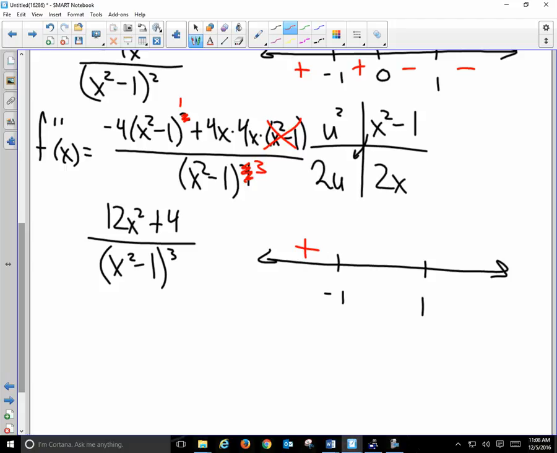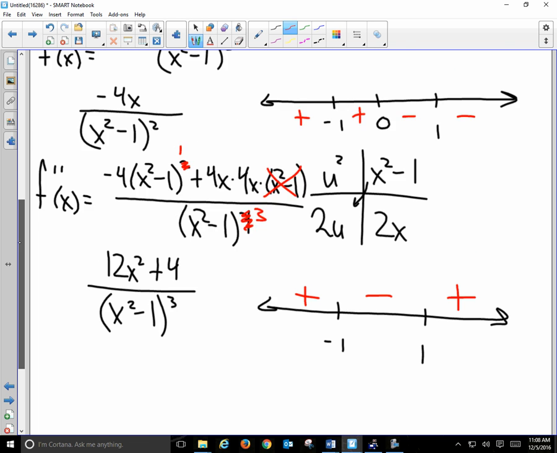If you square something and add 4, it's going to be positive, no doubt. If I plug in 0, I get a negative 1 cubed is negative. And if I plug in a positive 2, I'm going to get a positive.